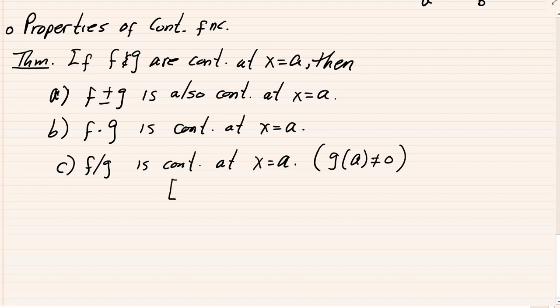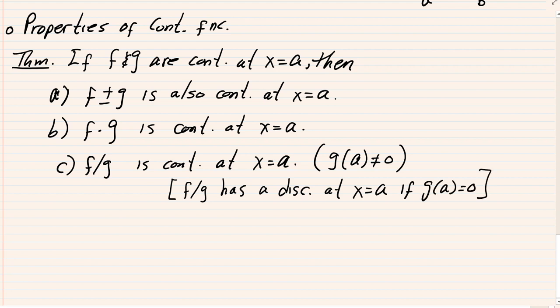So what happens if it is 0? f over g has a discontinuity at x equals a if g at a is 0, because we cannot have division by 0. At that point, we probably have a vertical asymptote.